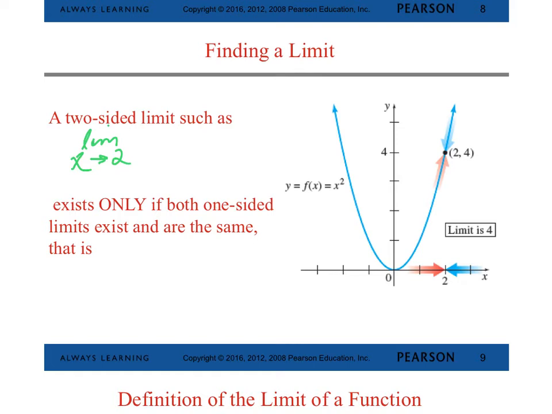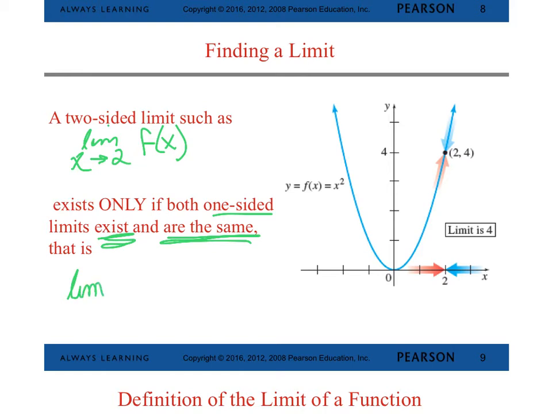This implies that you're coming from both directions, of f of x, and it exists only if both one-sided limits exist, which we've already established they do, and they are the same. In other words, they're equal. So this is what this is saying is true.